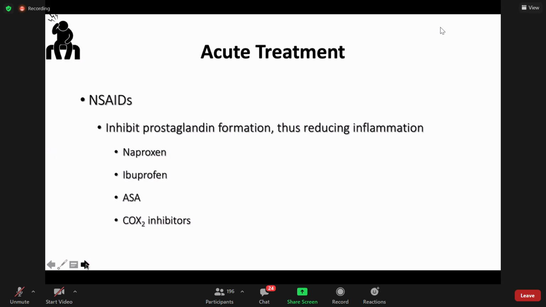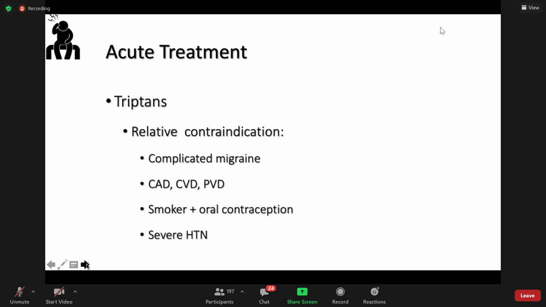So non-steroidals, they inhibit prostaglandin formation and they reduce inflammation, such as naproxen, ibuprofen, aspirin is, of course, non-steroidal, and COX-2 inhibitor. The newer COX-2 inhibitors also help in the headache.